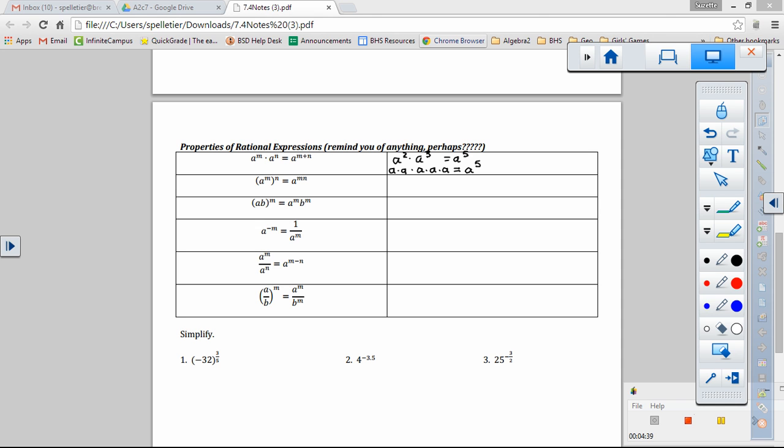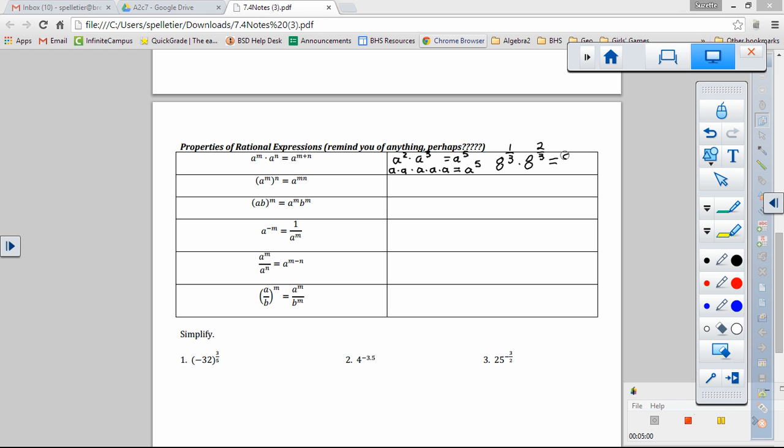Now an example with the actual rational exponents we just looked at on the first page. If I have 8 to the 1/3 and I'm multiplying that by 8 to the 2/3, the bases are both 8s, just like these were both a's. So the bases are the same, and I'm going to add the exponents.